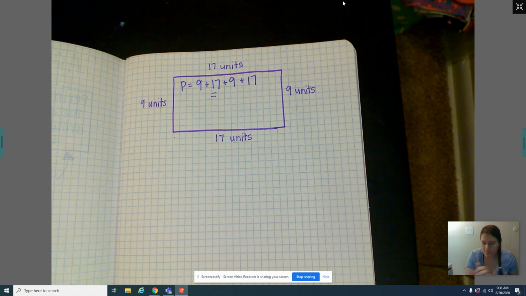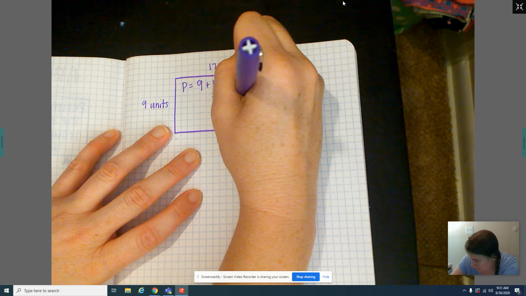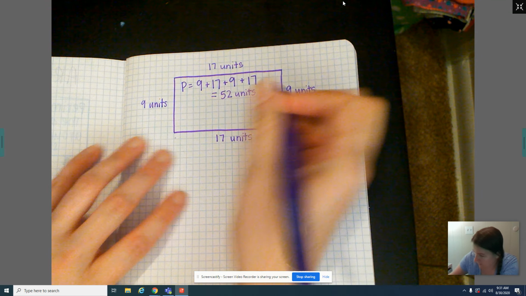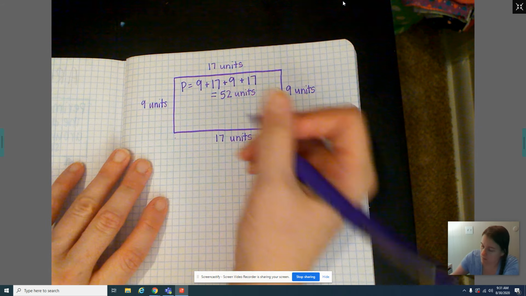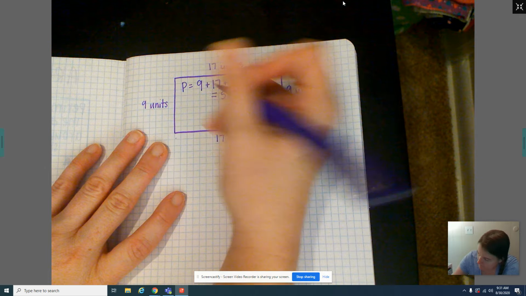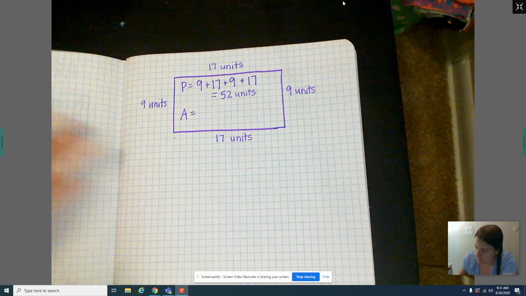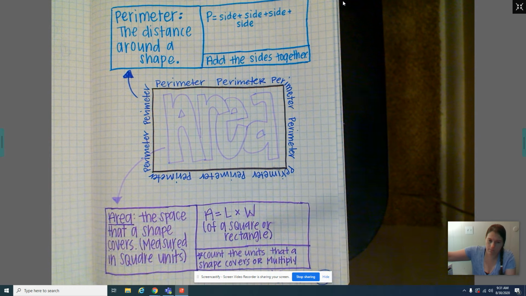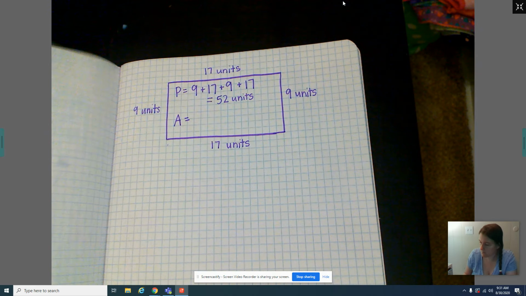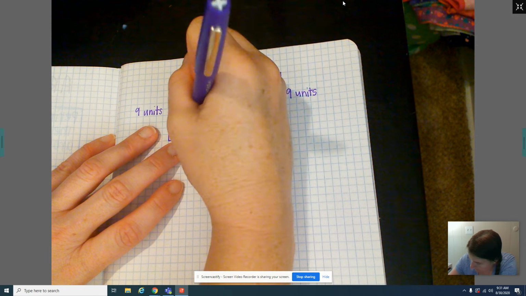You should have gotten 52 units. All right. All the way around the rectangle is 52 units. All right. The next one is area. Now, if you flip back here, we know that area is when you do the length times the width. So I'll take my width and multiply it by my length.